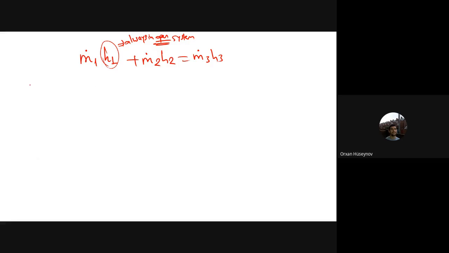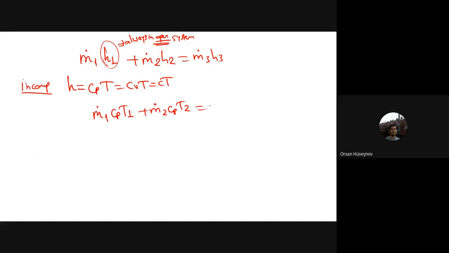And if you remember, for incompressible substances, we can write enthalpy as Cp into T. So I can write this as m dot 1 Cp temperature 1, or you can write Cv or just C, it doesn't matter, plus m dot 2 Cp into T2 will be equal to m dot 3 Cp into temperature 3.